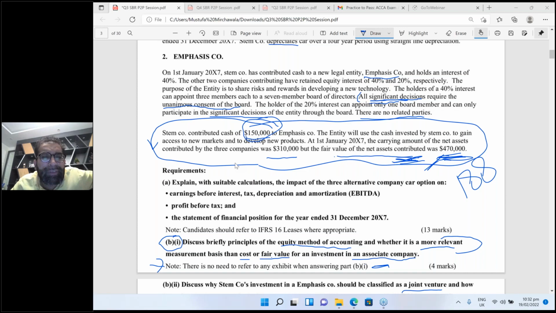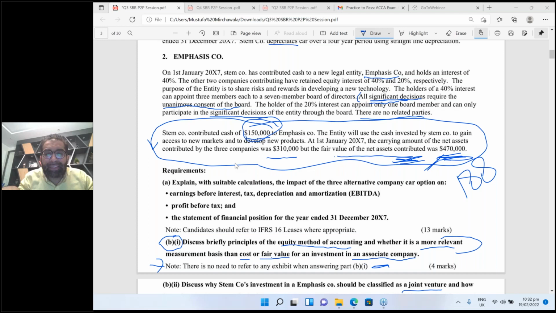Liquidation issues must be there with those two. Yes, there may be synergy gains. Or maybe STEM company is a big brand name, and if they join hands with these other guys, they will also get a boost, right? So all these things are possible.